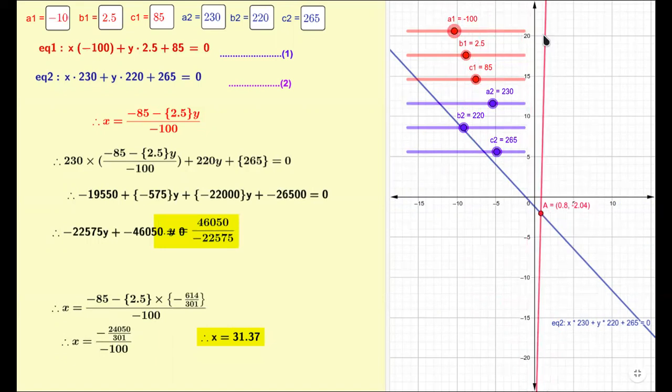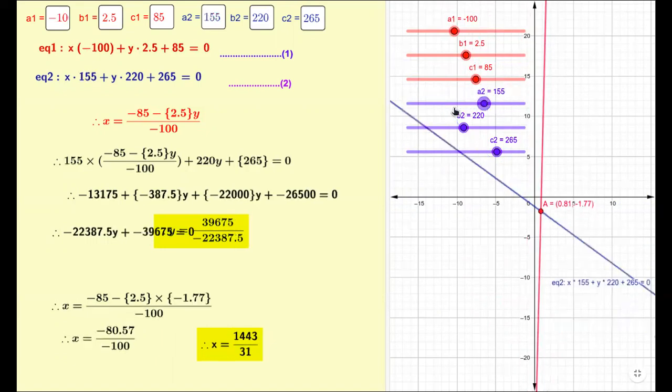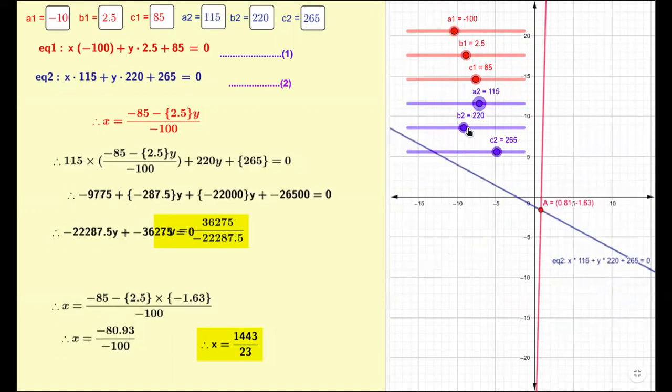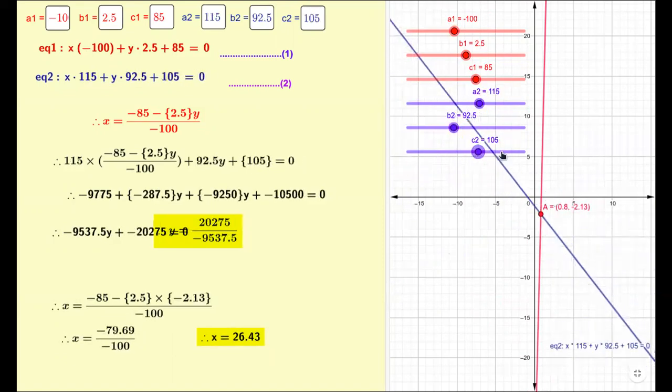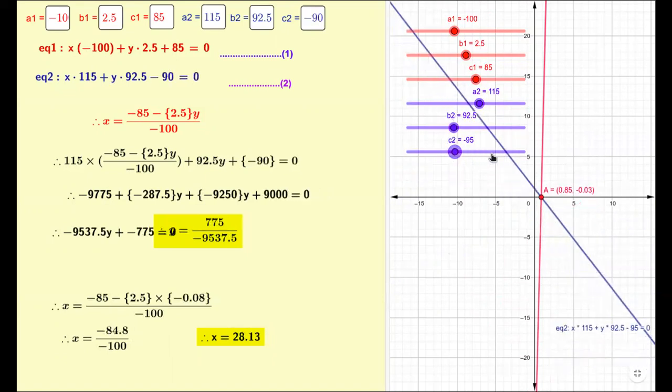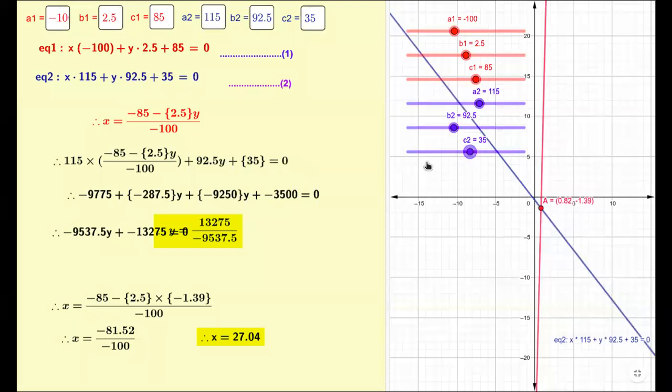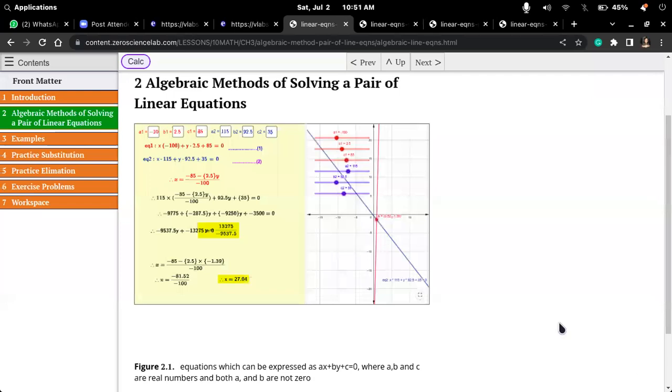These are the coefficients of this line, and the blue color. This is another line. This is how that solution got affected. So you can make them practice for any number of pairs of linear equations and getting the solution point or point of intercept.